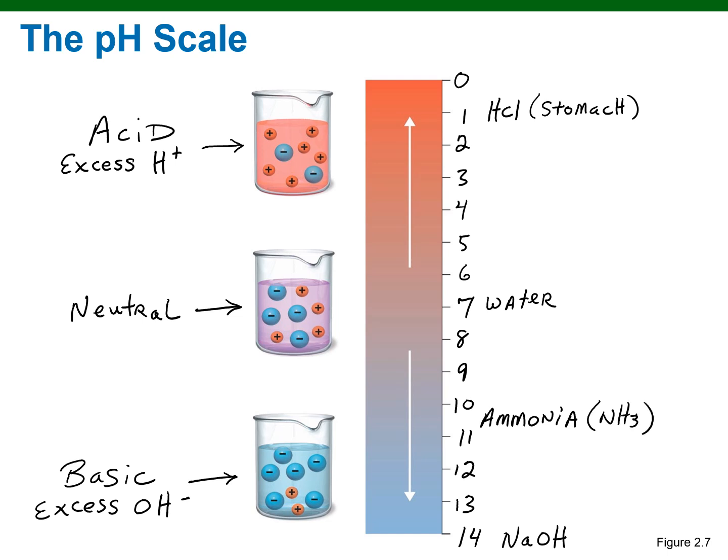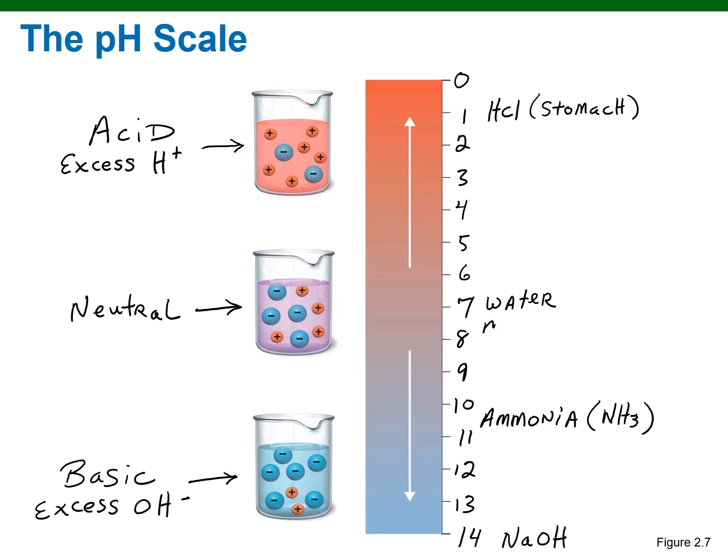I wanted to take time to point that out because you're going to see ammonia talked about both in lab and lecture at different times, because that's a pretty strongly basic substance within living systems. Ammonia is technically a weak base in the chemistry lab, but for living systems, that's well above 7 and pretty powerfully basic.